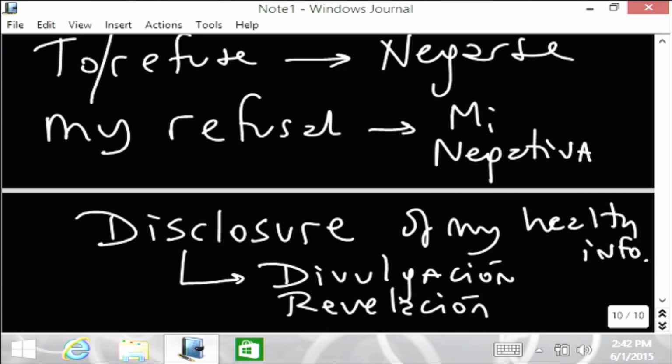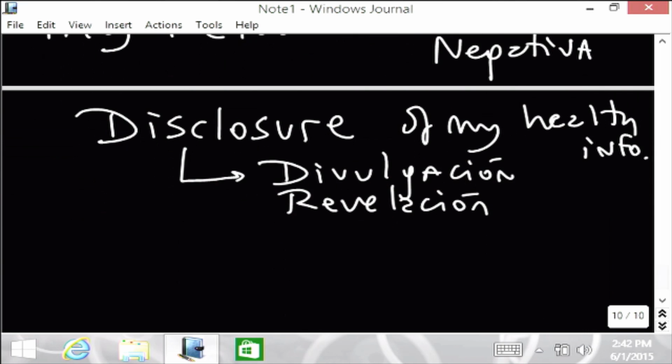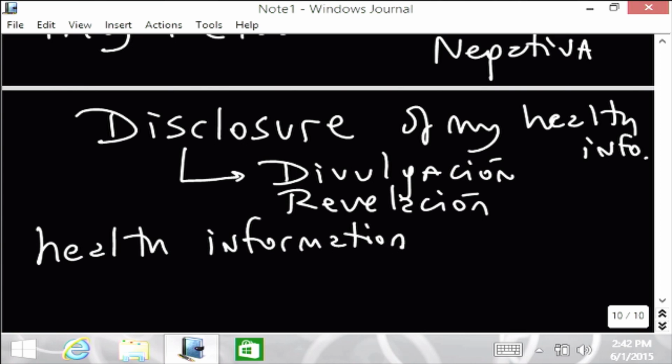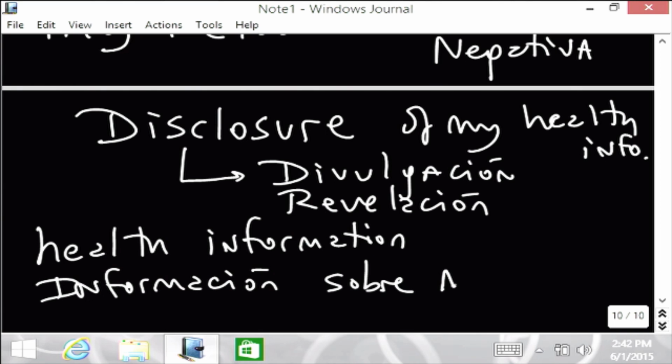So disclosure of my health information is divulgación de mi información. What is health information? Información sobre mi salud. So you have to work a little bit harder with health information. It doesn't transfer word for word. It transfers more like información, and you have to put sobre mi salud. Okay. All right.